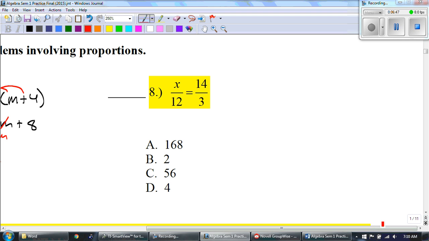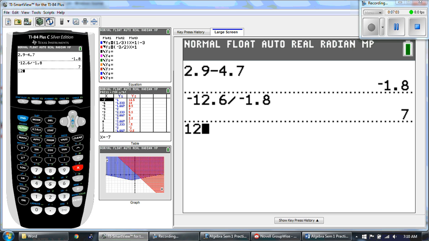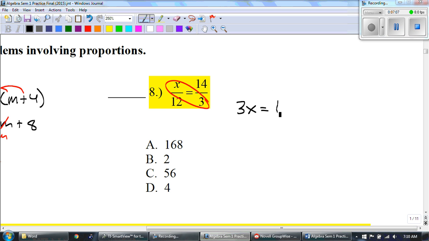All right, number 8, we're doing the same thing. The only thing that's nice about this one is we don't really have to distribute anything. X times 3 is 3x. And then we have 12 times 14, which is 168.